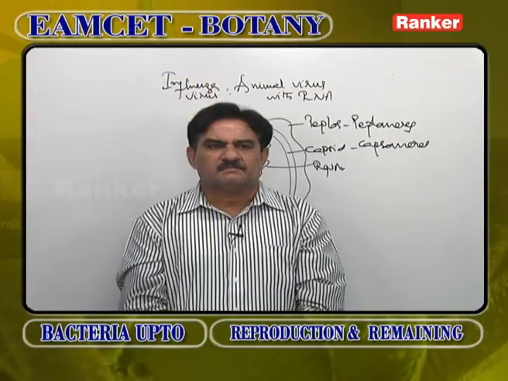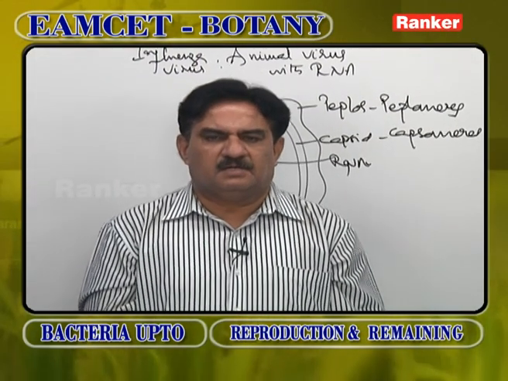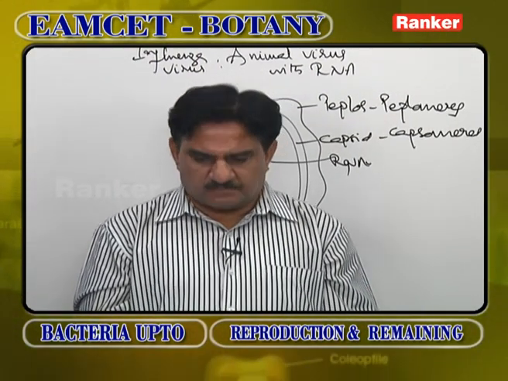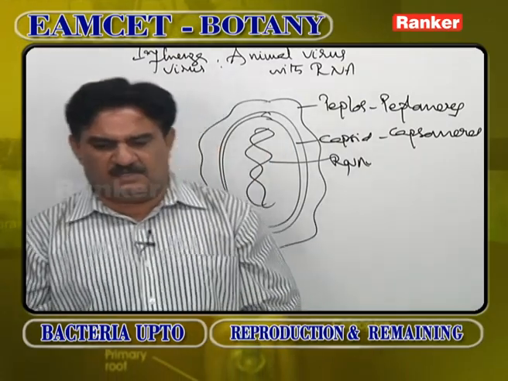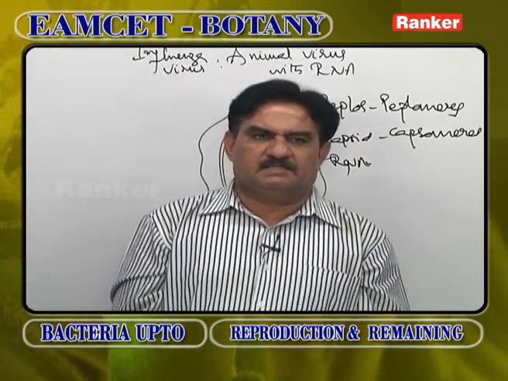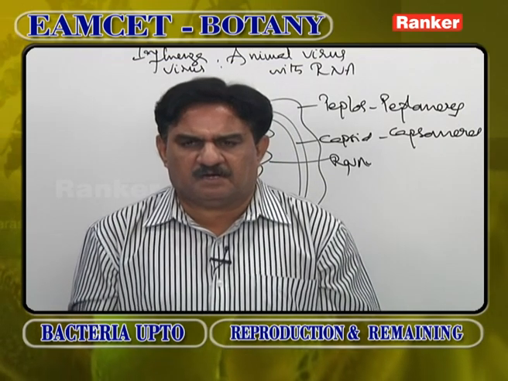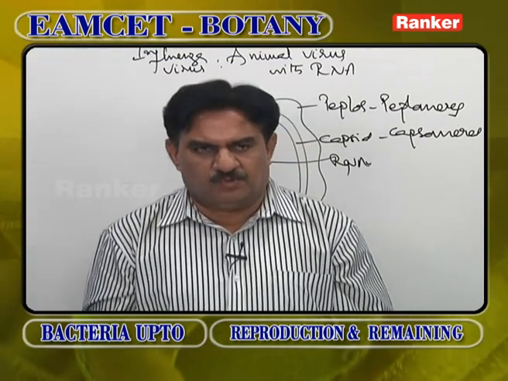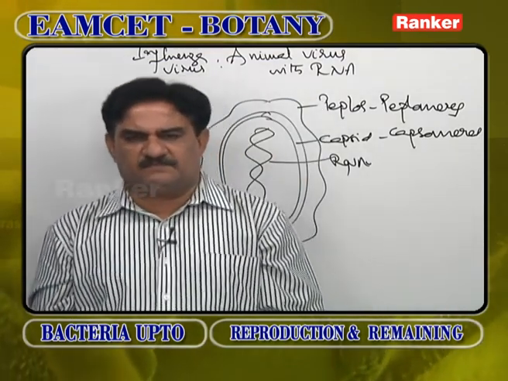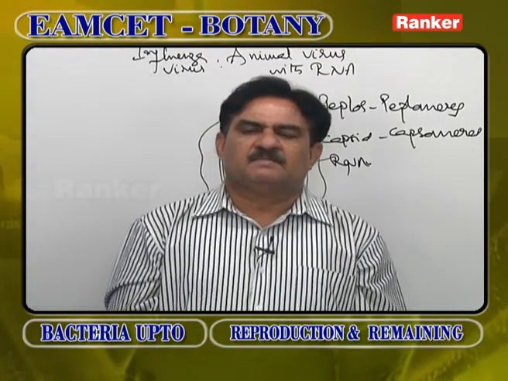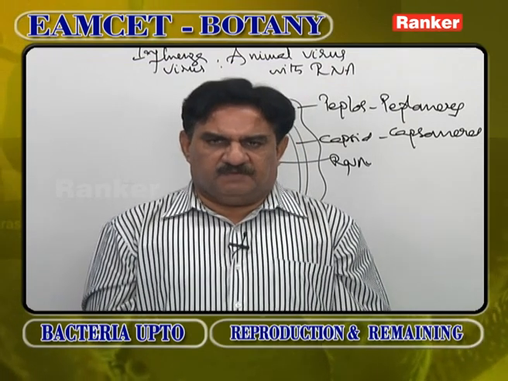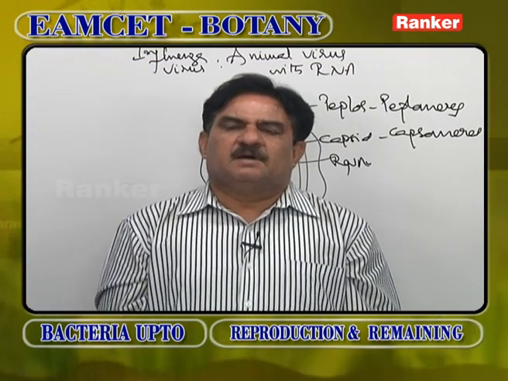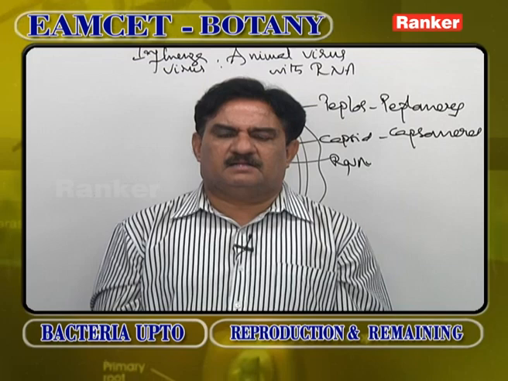So this is about some of the questions regarding viruses, and some of the questions regarding bacteria. Bacteria we discussed completely with almost all important aspects. Viruses we covered only up to symmetry. That means first the structure of viruses, then the shape of viruses, then how viruses attack animals.